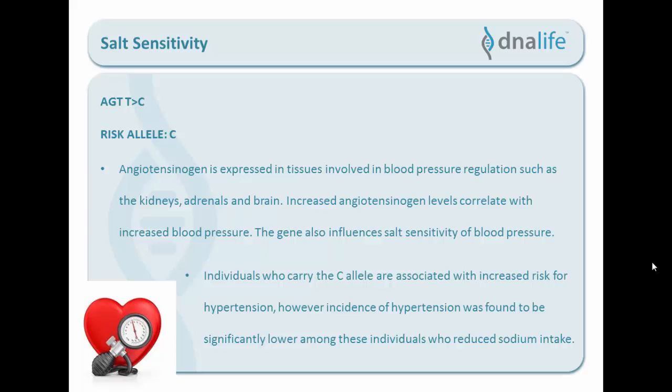And this gene also influences salt sensitivity of blood pressure, where individuals who carry the C allele, which is the risk allele, so if you see the CT or CC genotype, this is where you should note that individual's salt intake and decrease it, because in these individuals the incidence of hypertension was found to be significantly lower among those who reduced their sodium intake.